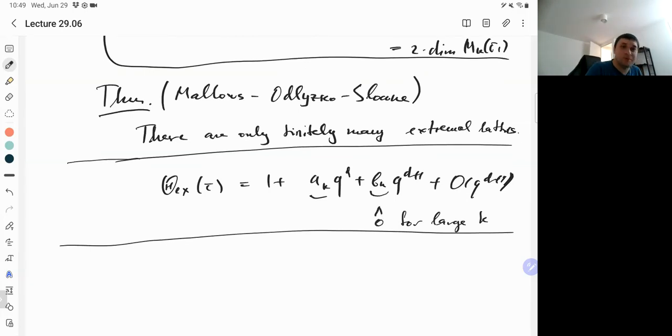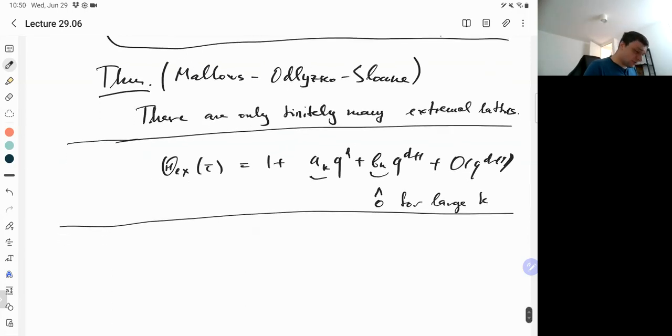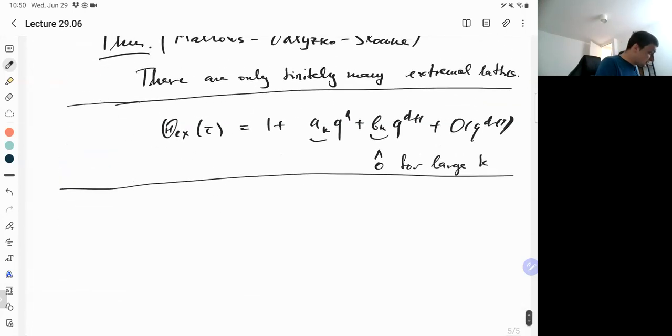Other than that, we don't know how to rule out the existence of extremal lattices. If this coefficient is positive, then we don't really know whether it exists or not. In small dimensions, there are some results. Other than that, no.